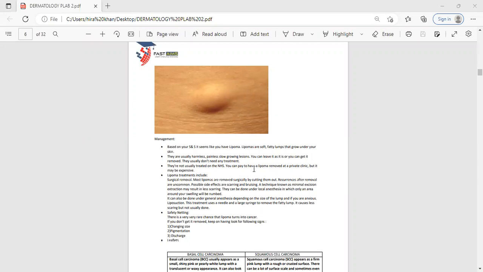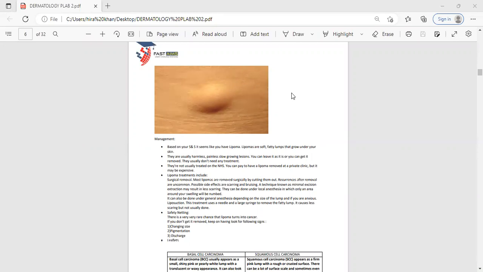So yes, you do need to ask, and you should mention while explaining it to the patient, well, these lumps are very common in people who are diabetic or who have high cholesterol levels. So that's why you might be having lipomas. But it's totally up to you if you want to get it removed, or if you want to leave it that way.